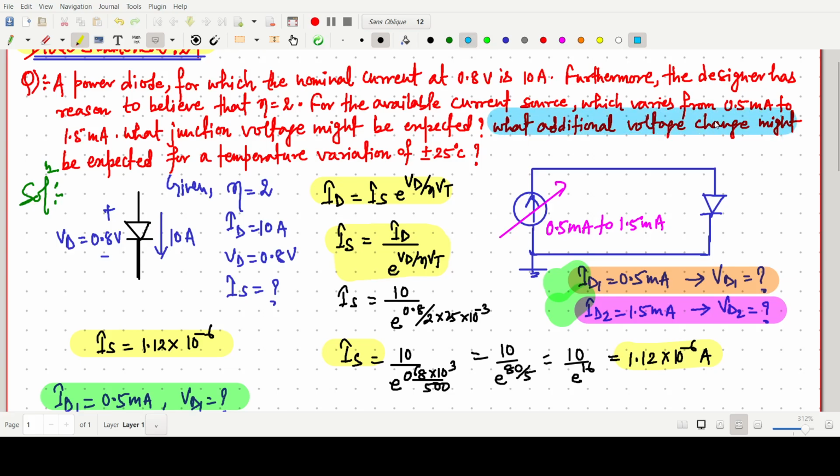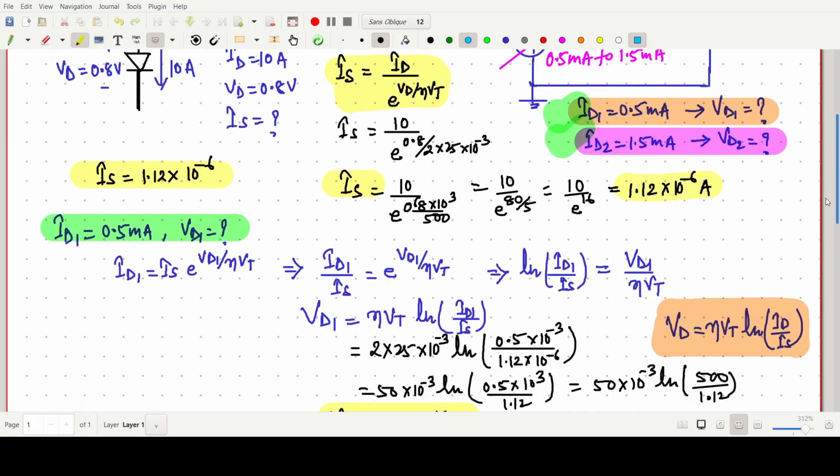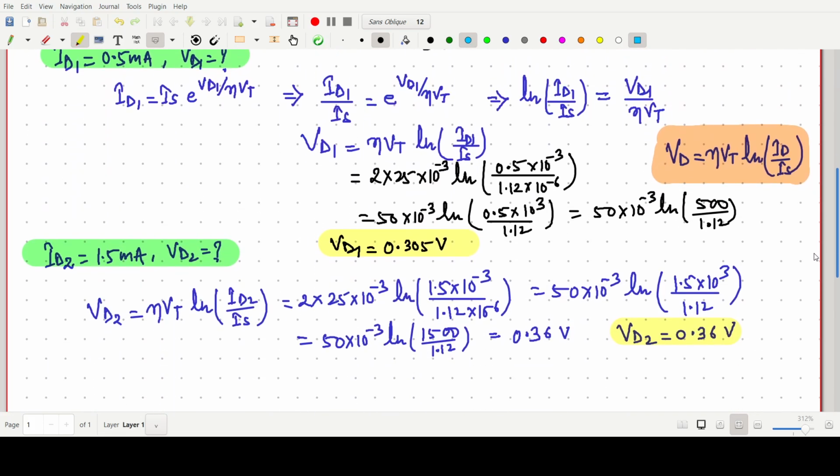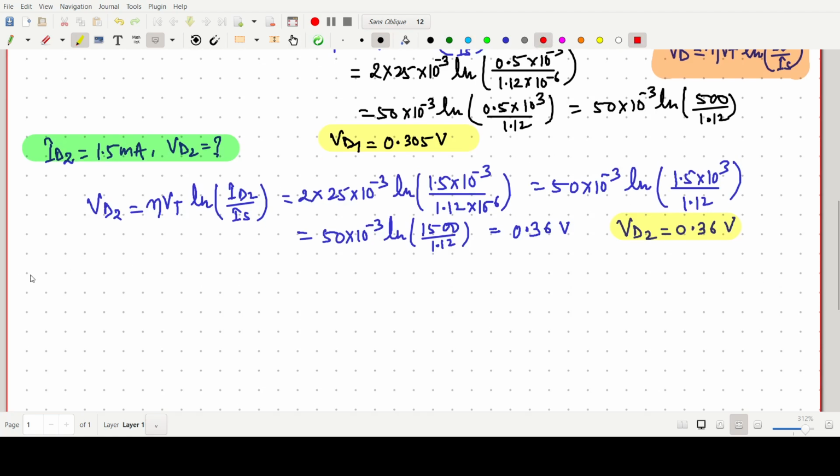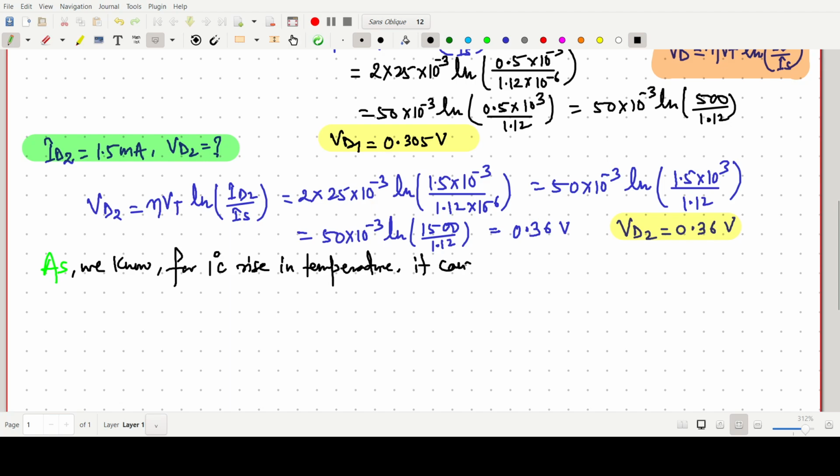What additional voltage change might be expected by a temperature variation of plus minus 25 degree centigrade. As we know, a 1 degree centigrade rise in temperature causes a 2 millivolt per degree centigrade decrease in voltage.